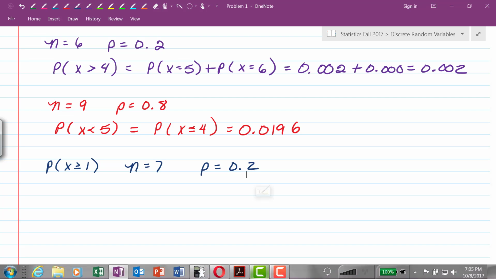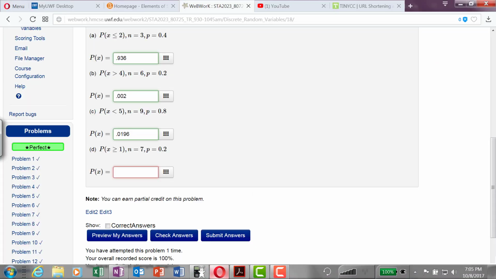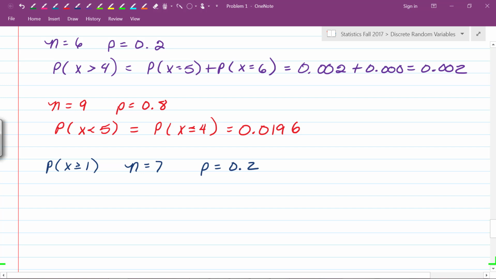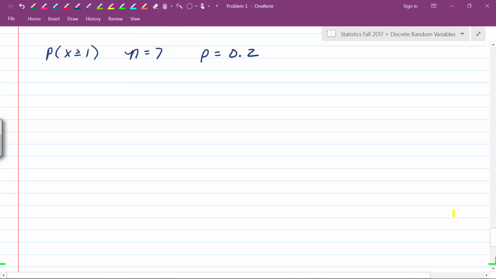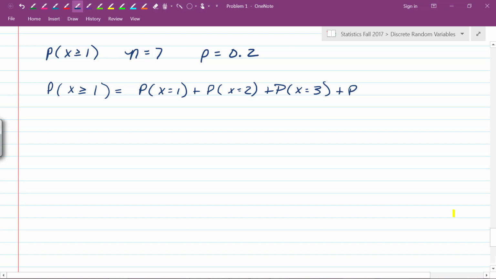The fastest way of solving this is to remember that the probability that x is greater than or equal to 1 is really equal to the probability that x is equal to 1 plus the probability that x is equal to 2 plus 3 plus 4 plus 5 plus 6 plus the probability that x is equal to 7. It's all of those added together.